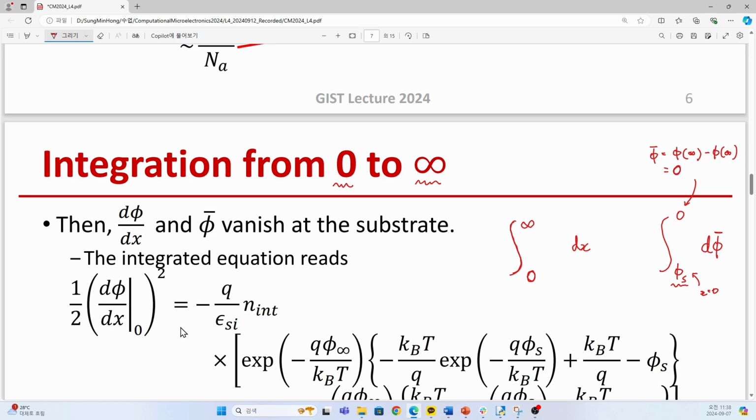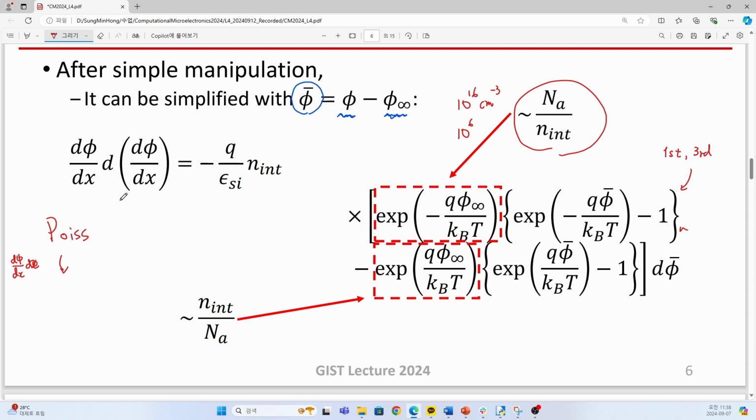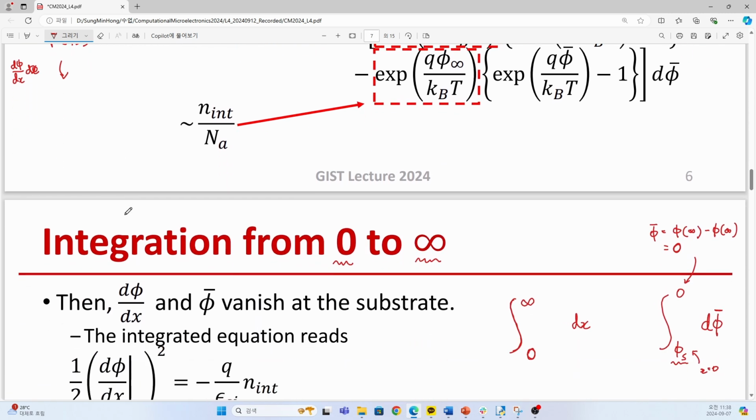Also here we have another integration variable, for example, d phi over dx. If we make an integration like d phi over dx, then obviously we have to start from the first derivative evaluated at x equal to 0 and go to 0.